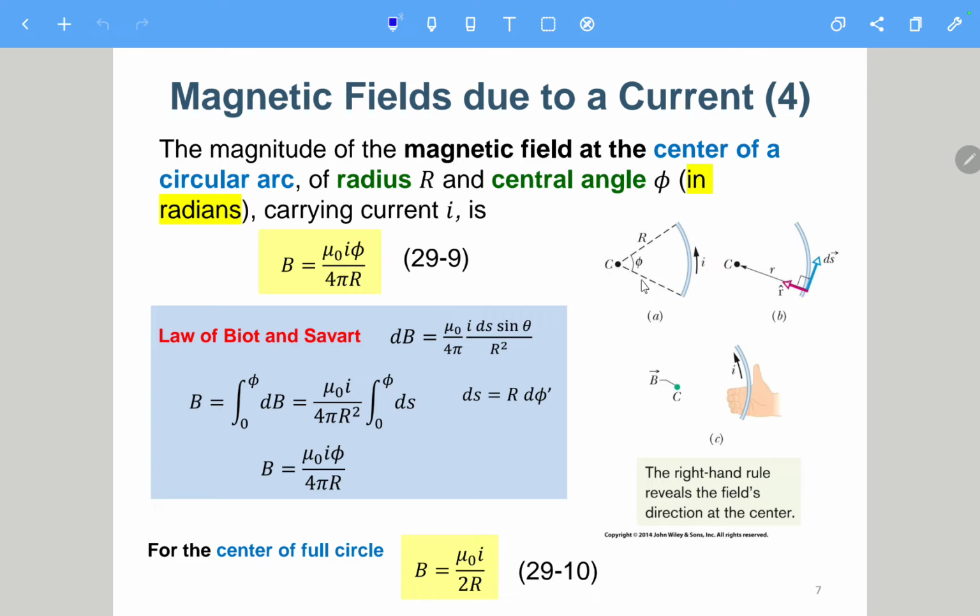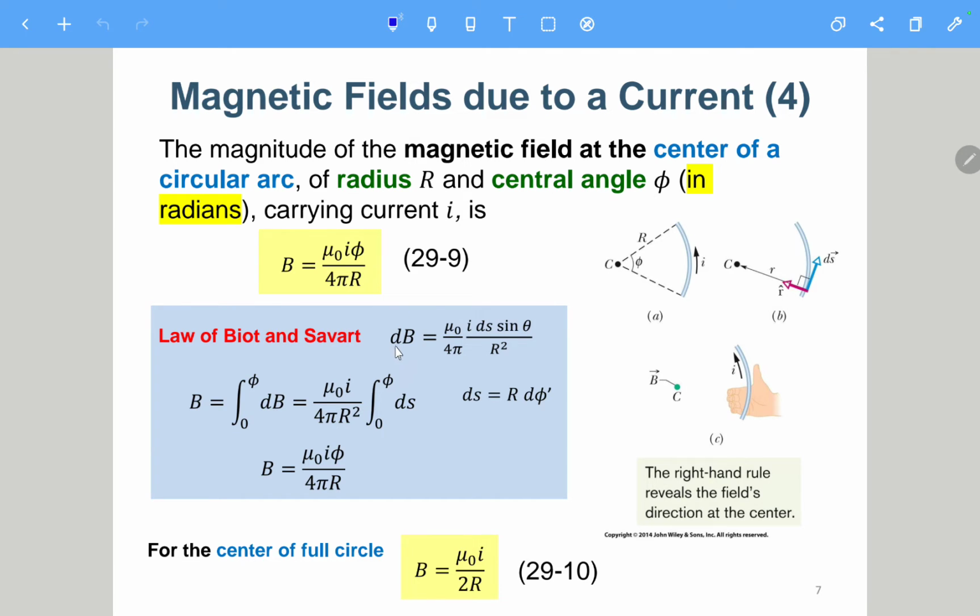So here it is the arc, and for the arc we can only find the B field at the center. For the other point, the expressions are not so good looking. You need to use some computer software to find it, or just write a program to find it. Okay, so here this phi is the central angle. If this is known, and also you know the current here, then the B field is something like this.